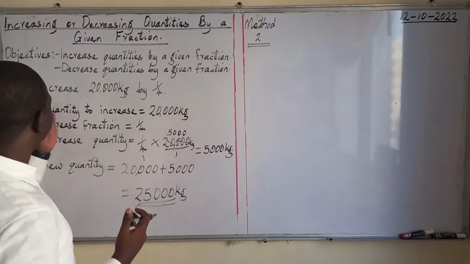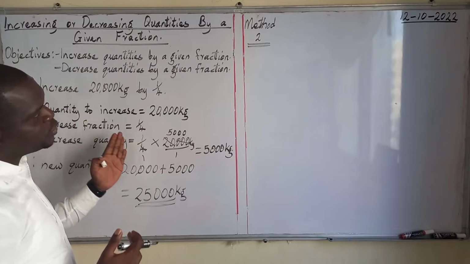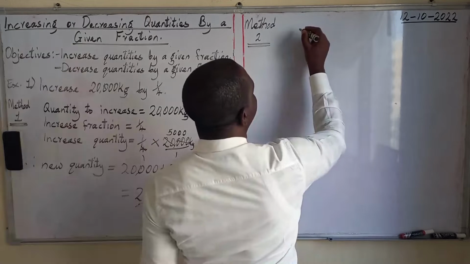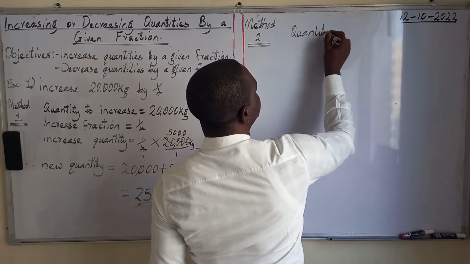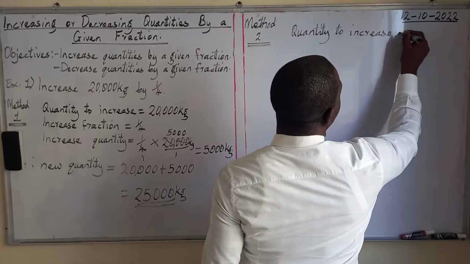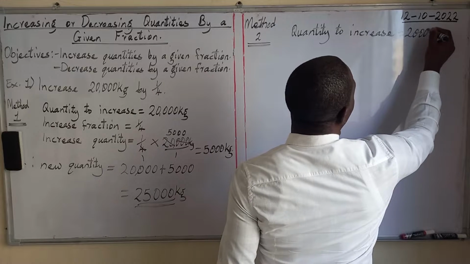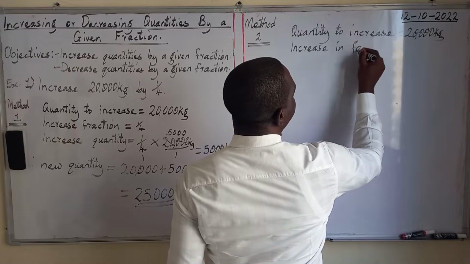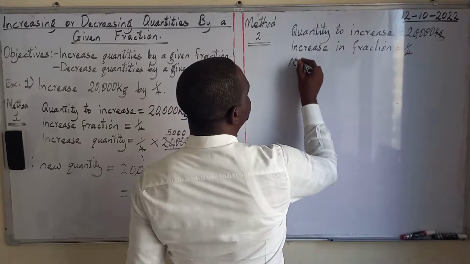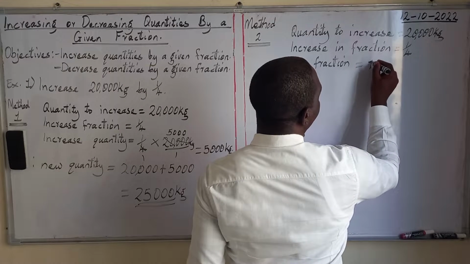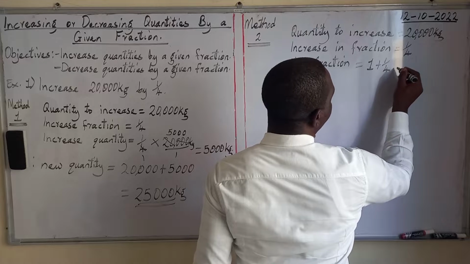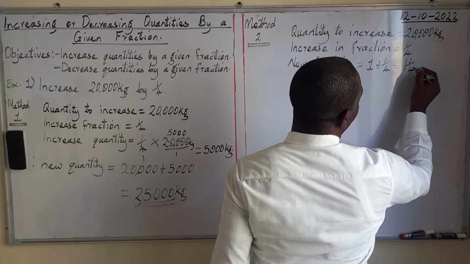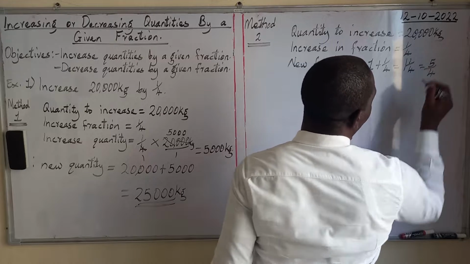If you want to solve this same problem using method 2, this is what we do. First thing is identify quantity to increase is 20,000 kilograms. Increase in fraction is 1/4. New fraction is 1 plus 1/4, which is equal to 1 and 1/4, the same as 5/4.